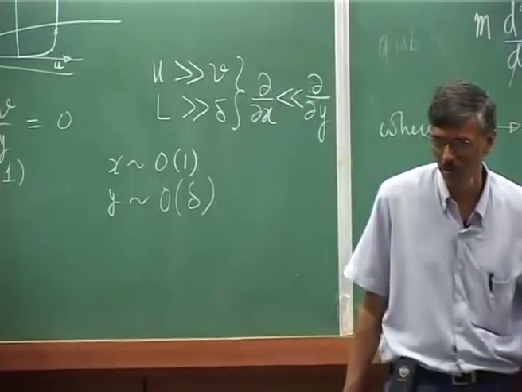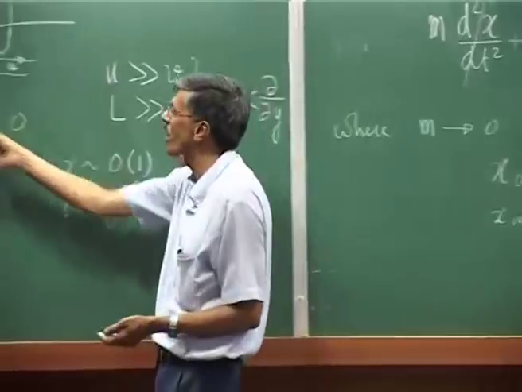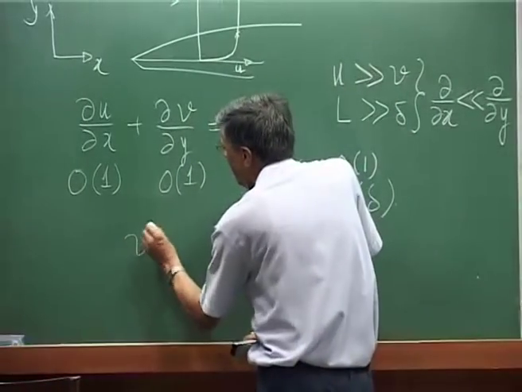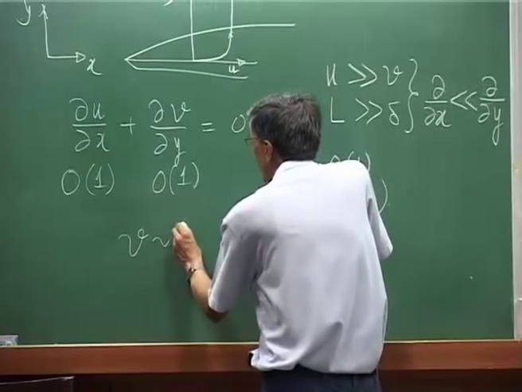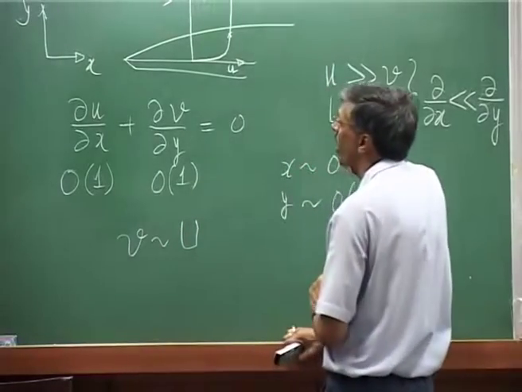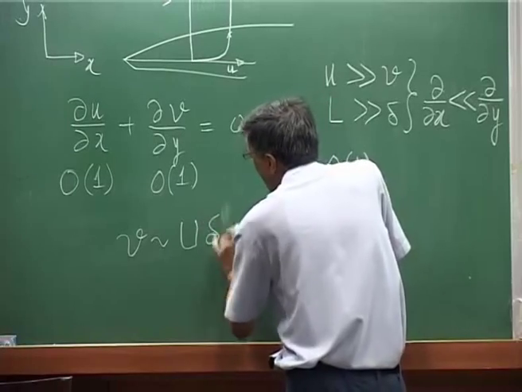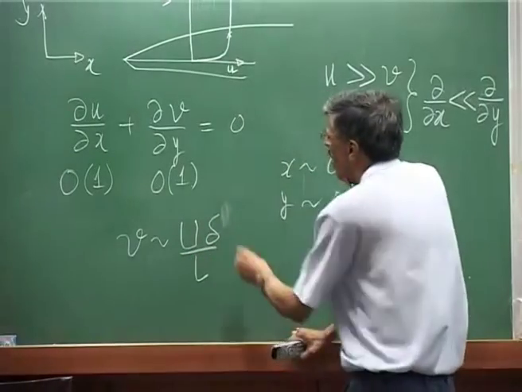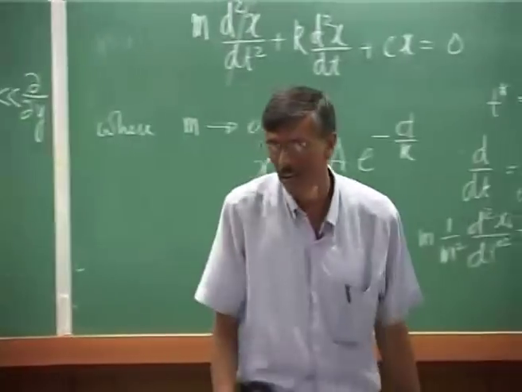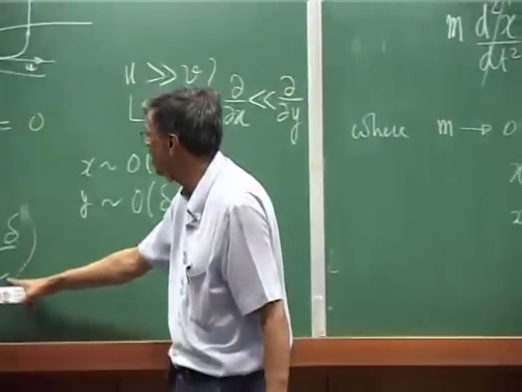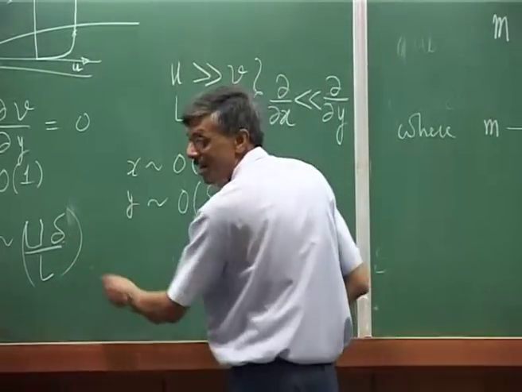That is what we talked about. So, if these two are of the same order, I find that v is of the order of whatever may be the scale for the u velocity times delta by L. That is why it is order delta, you see the delta appears explicitly there. U is order 1, L is order 1, so v becomes order delta.